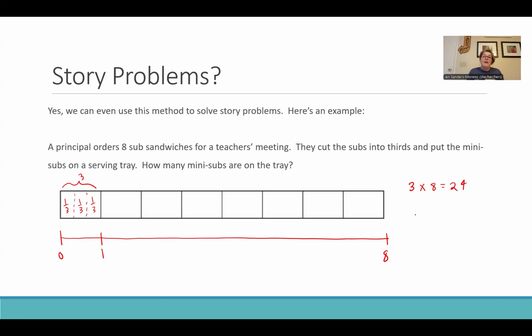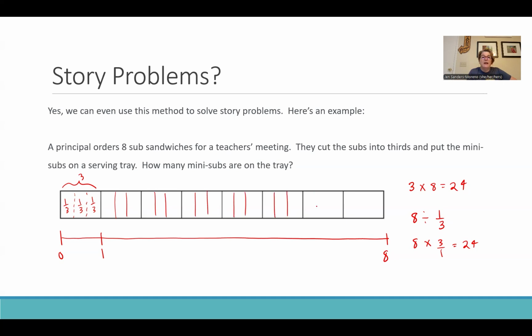Okay. Now, if we did have our keep, change, flip, what students could do is write down 8 divided by a third, and we get keep, change, flip. And I'm still getting there. If we do have a student that really does want to cut them and count, go for it.